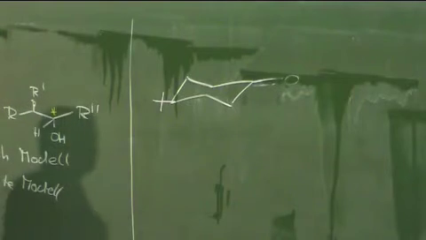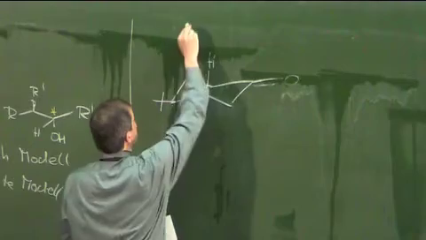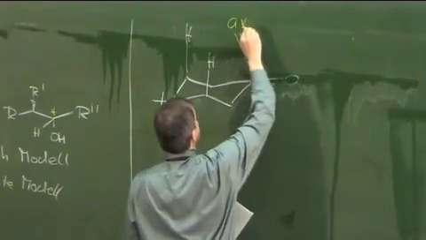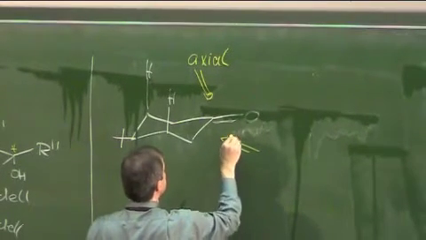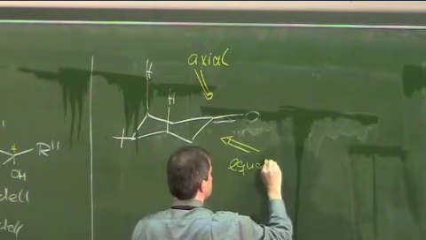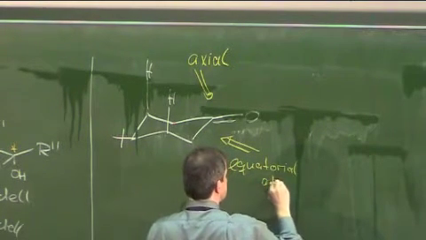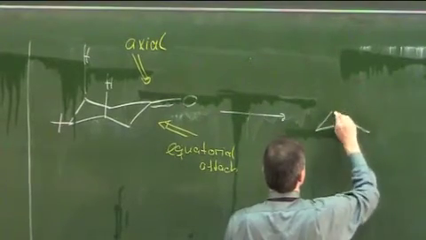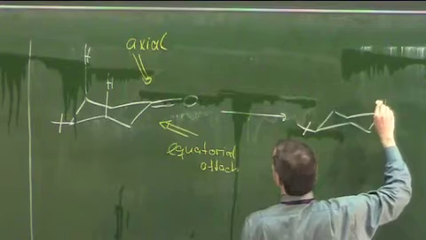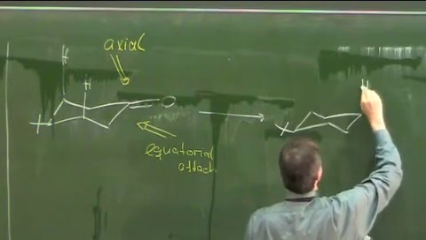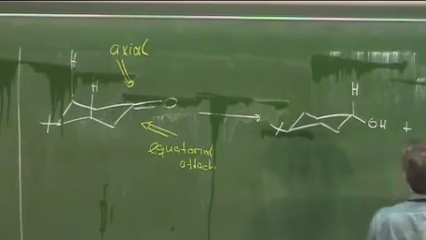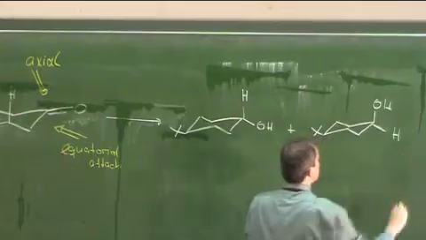is the hydride attack to cyclic carbonyl compounds, where in principle there's a possibility of axial attack or equatorial attack, which leads to two different diastereomers.